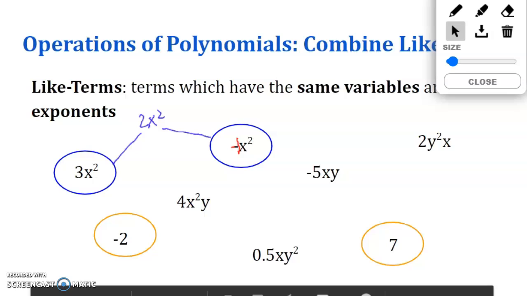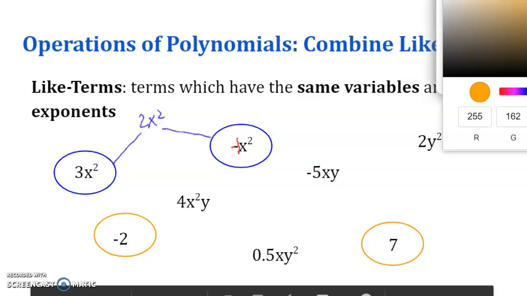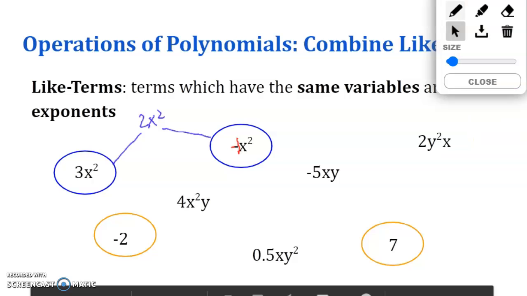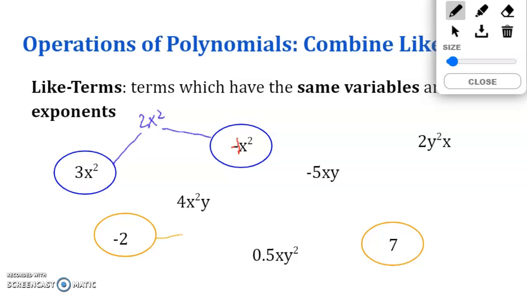Yes, we have the constant terms, right? Constants, -2 and 7. So what's -2 plus 7? That's going to be positive 8, positive 5, I'm sorry. When I combine this, that becomes positive 5. Do we have any other like terms?